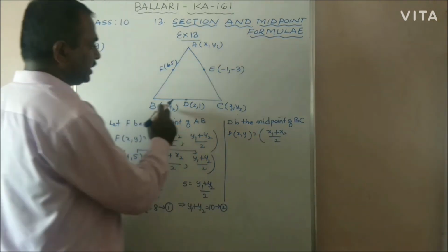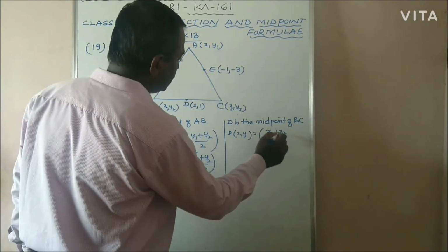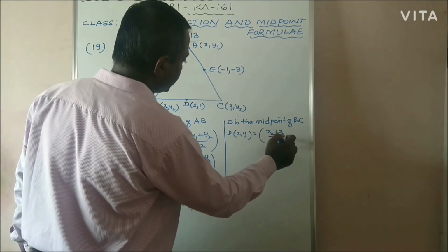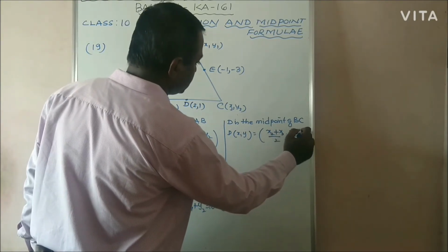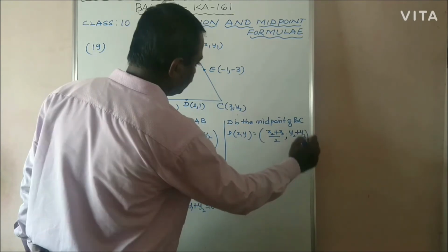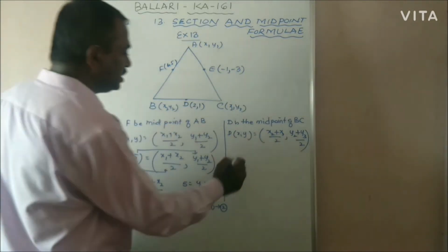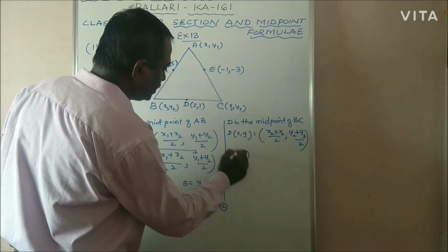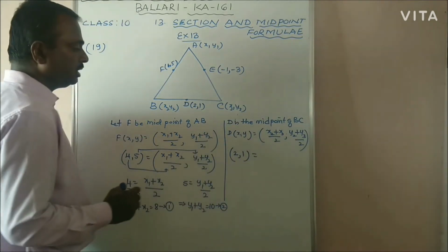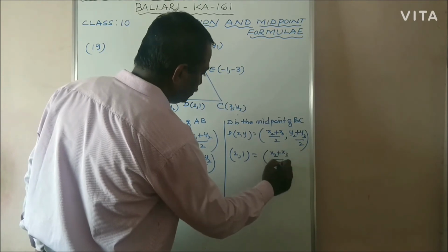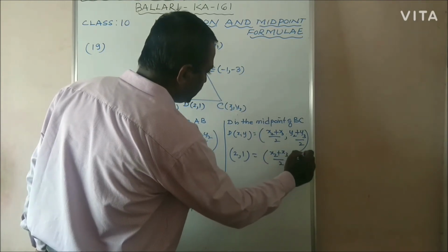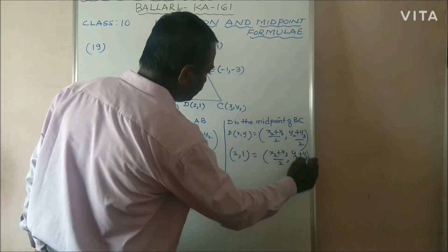Here we can take x2 plus x3, then y2 plus y3 by 2. Substitute the values: 2 comma 1 is equal to x2 plus x3 by 2, y2 plus y3 by 2.